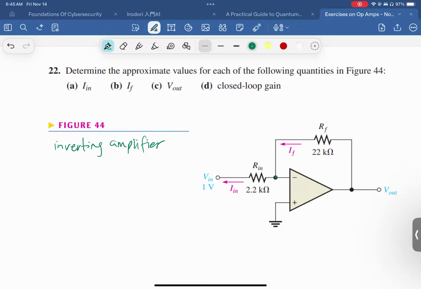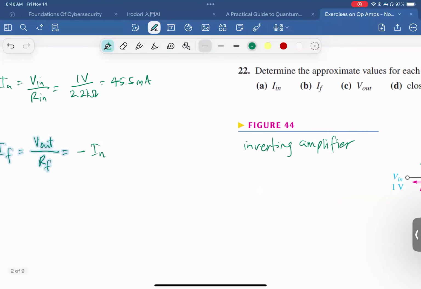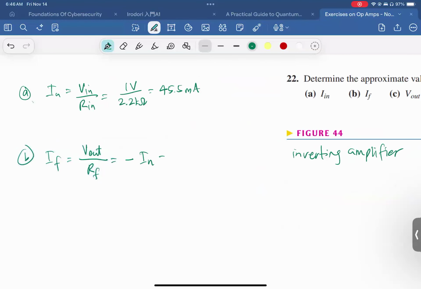Kasi itong terminal na to is grounded, which means na this is also grounded. So this should be equal to 0. So dapat yung current na dumadaan dito will cancel with the current na dumadaan dito. So this means na ito ay equal sa negative 45.5 milliamperes.